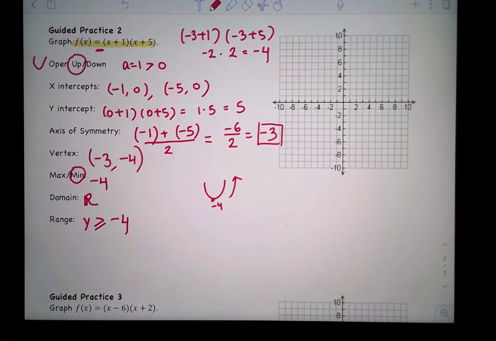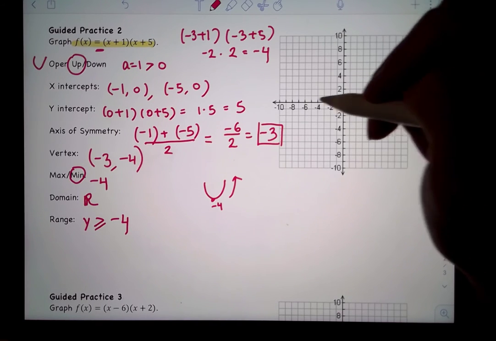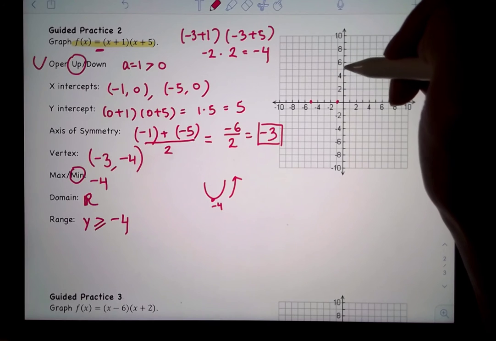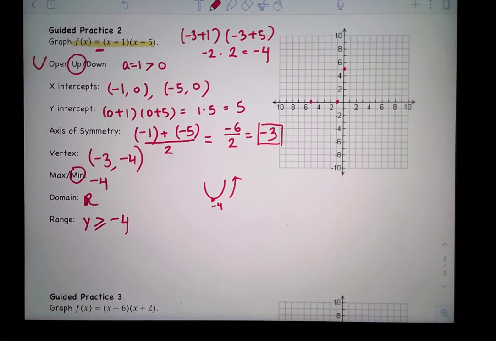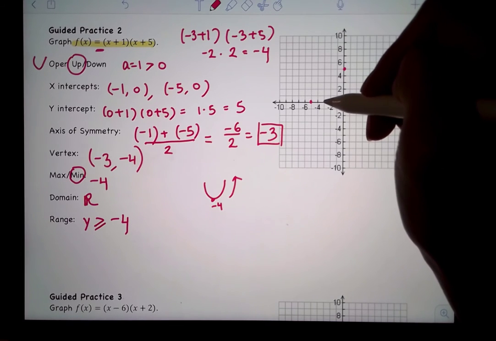Okay? And let's graph. So my x-intercepts, -1 and -5. These are my x-intercepts. My y-intercept, that's 5. And my axis of symmetry, that's -3. And my vertex is -3, -4.